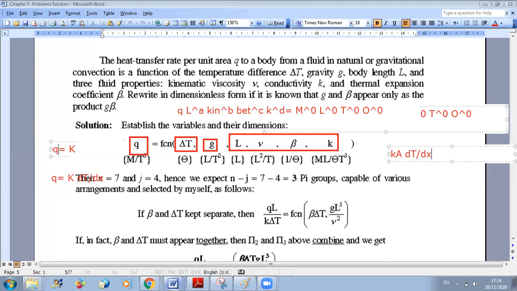Who knows? What is the unit of a heat flux in thermo? It's a rate. So the unit is what? The unit is in watt. You obtain your result in watt.